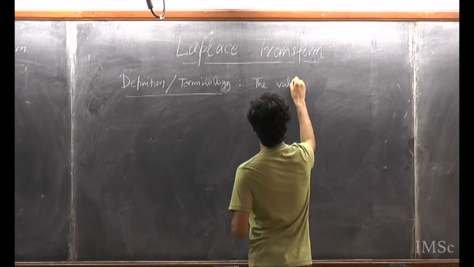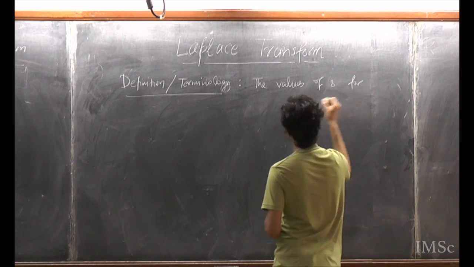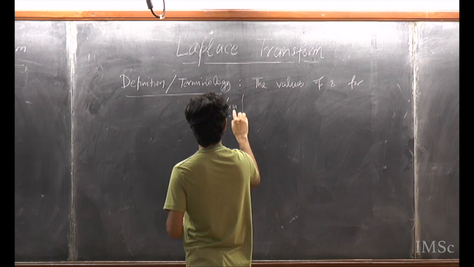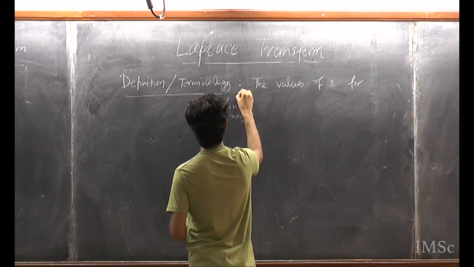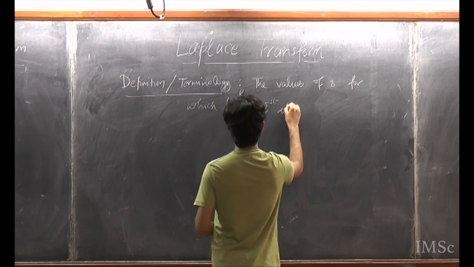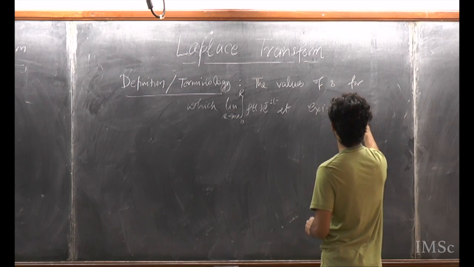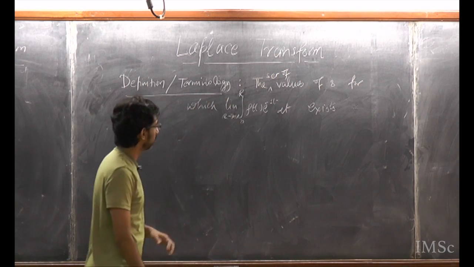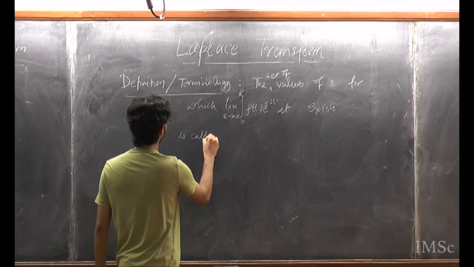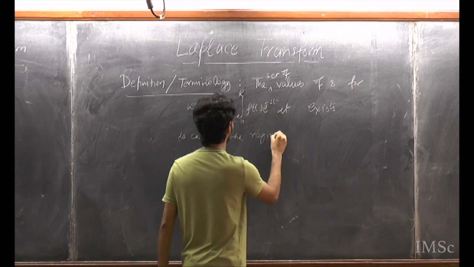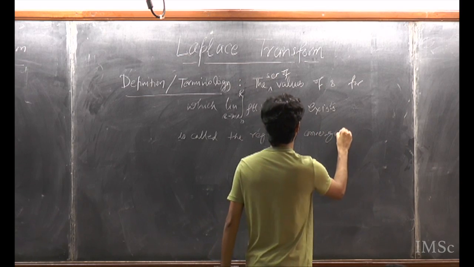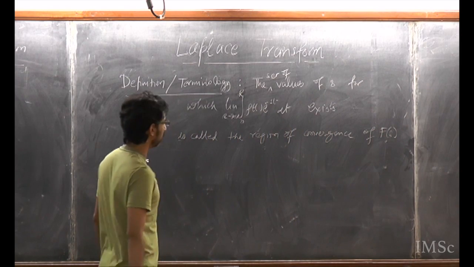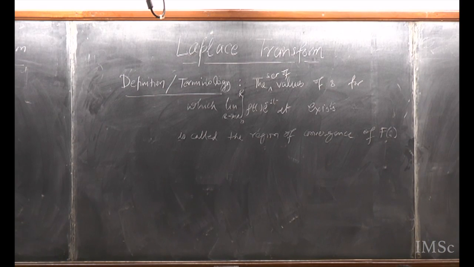The set of values of s for which the limit as r goes to infinity of the integral from 0 to r exists is called the region of convergence of F. So for example, the region of convergence here is just the positive thing.